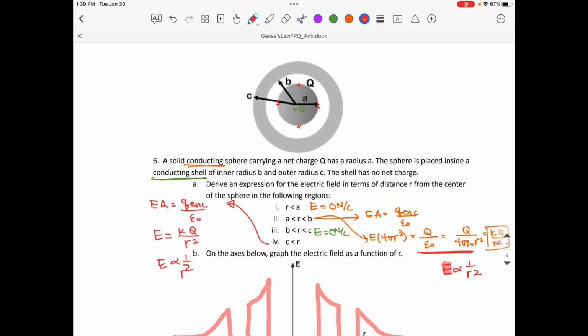And those positive charges are going to attract negative charges from the conducting shell above it. Even though it is neutral, it still has negative charges, but to make sure that it stays neutral, I have to equal the amount of positive charges, but those positive charges are going to go on the outer shell. So if I have 4 negatives on the inside, I have to add 4 positives on the outside to make sure that this has a net charge of 0.